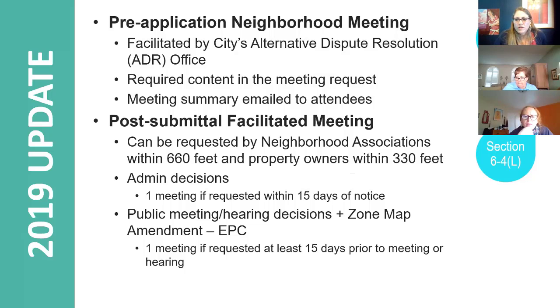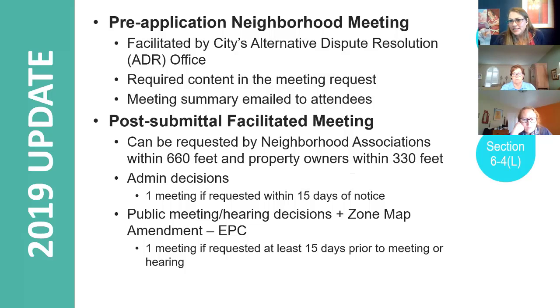Can you say that again, please? For the pre-application neighborhood meeting, the applicant needs to go to ADR first and say, we want to offer a meeting, or we've offered a meeting, the neighborhoods have said yes, we want to now schedule it. Okay. ADR takes over the scheduling. There's timing in that section of when that needs to happen to be respectful of the applicant's progress.